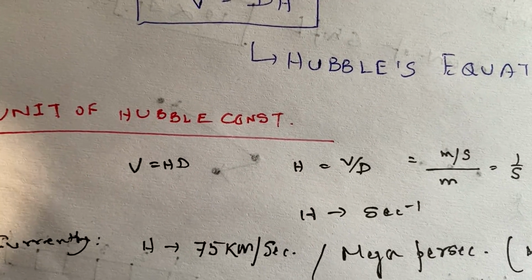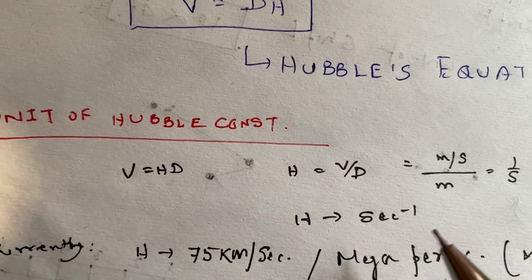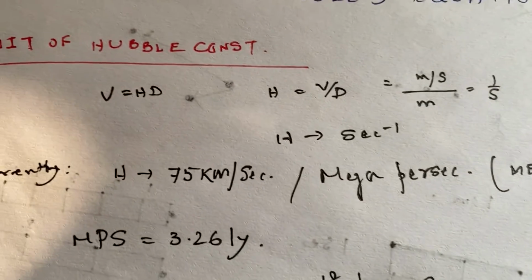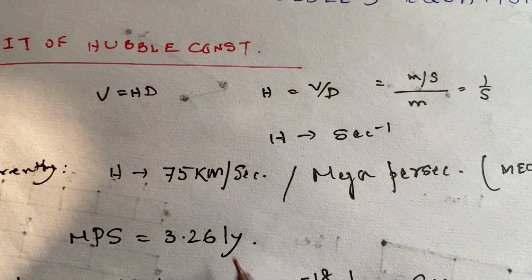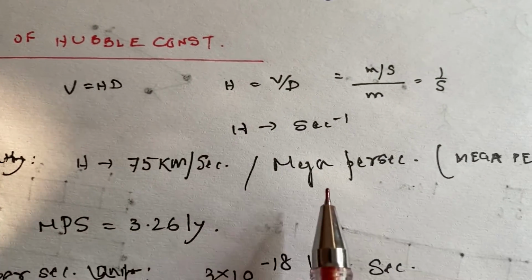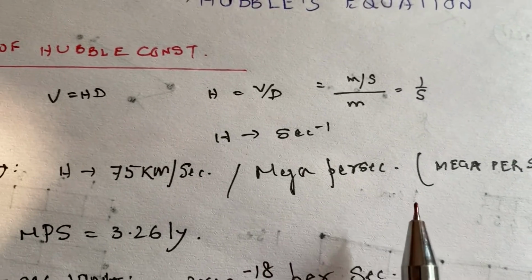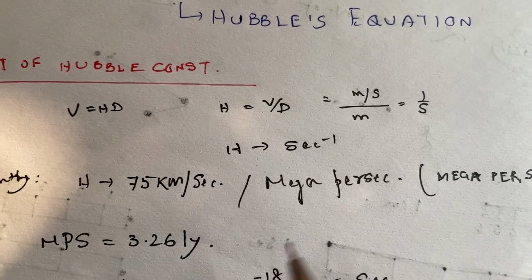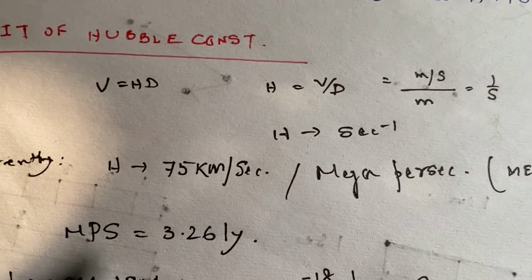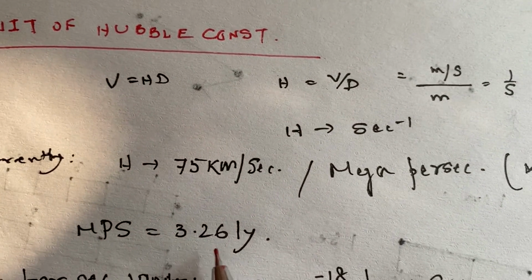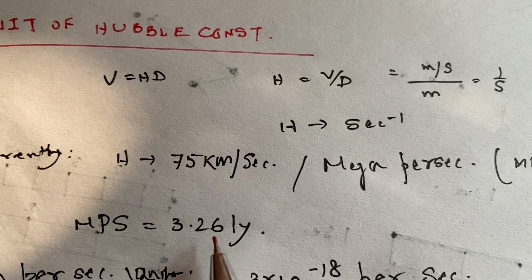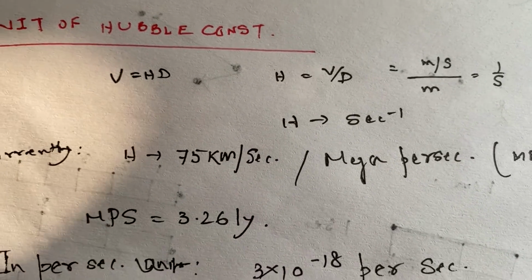And currently the value of Hubble constant is calculated in a very peculiar way, and it is expressed as 75 kilometers per second per megaparsec. This is an astronomical unit, and 1 megaparsec is almost 3.26 million light years. This is a conversion between light years and megaparsec.